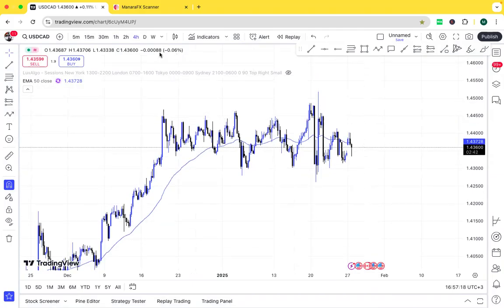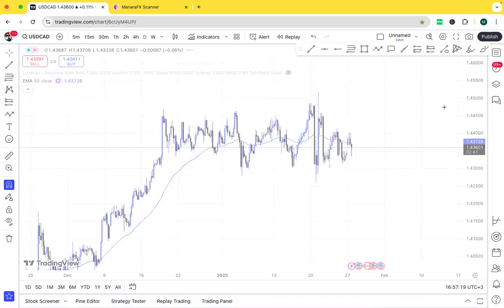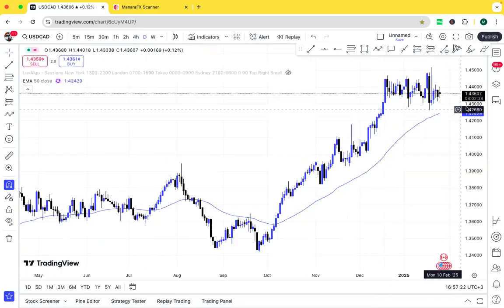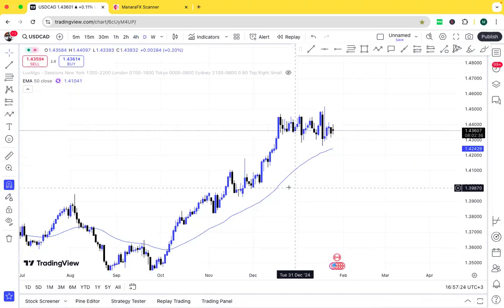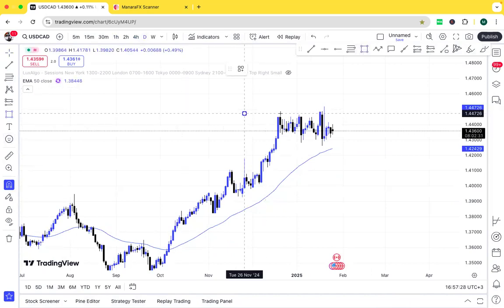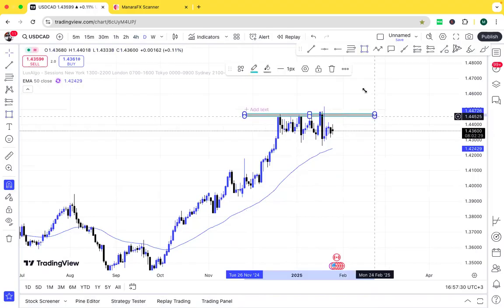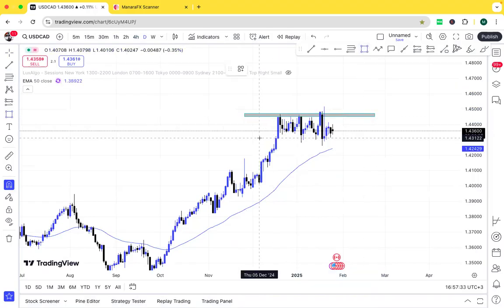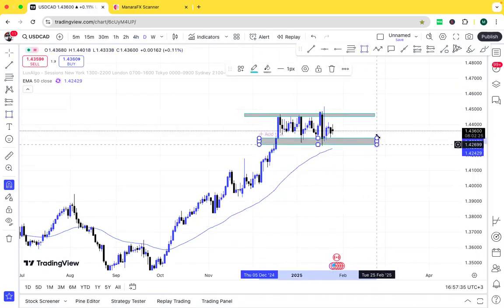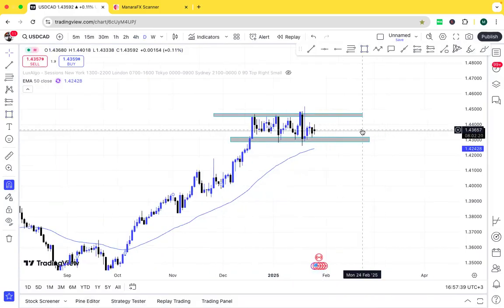Okay, so this is what you can see with USDCAD. It's just a consolidation. Always go on the higher time frame. When you go on the higher time frame, you'll actually be able to see a consolidation. So far, guys, I'm not seeing any trade that I can take, so I'll still be patient.